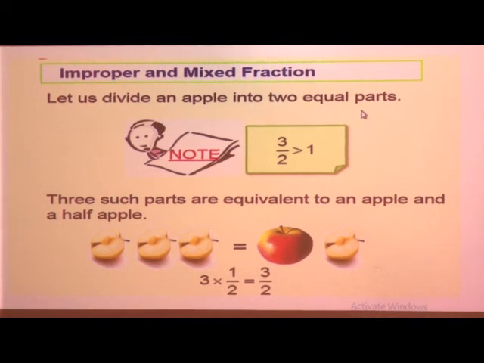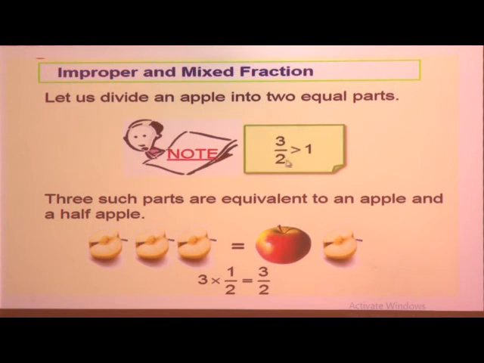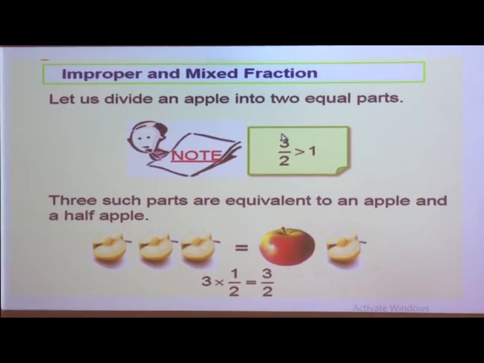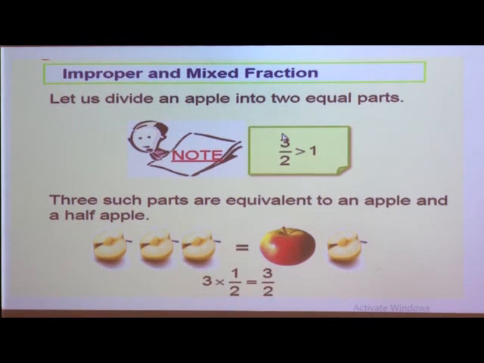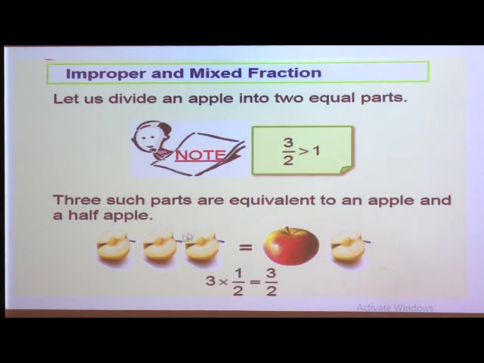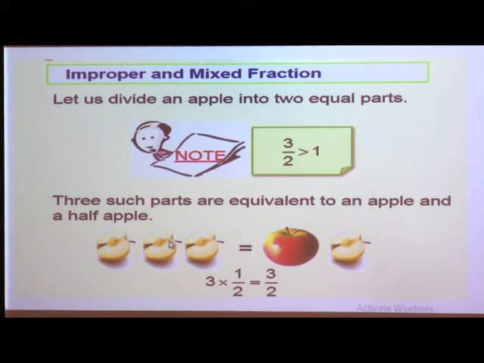Can we divide it? See, the fraction shows here 2 equal parts, but how many students do we have here? 3. So we need to cut 3 such parts are equivalent to an apple and a half apple. So we need to take one more apple where we need to cut the apple into half. So 3 people will get half apple and the fraction shows 3 by 2.